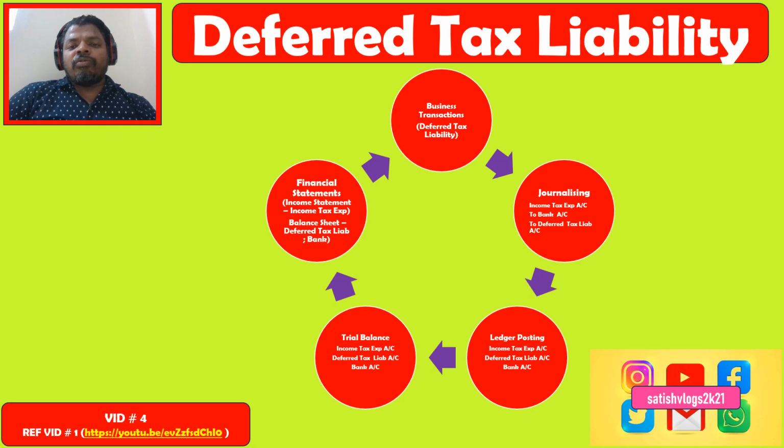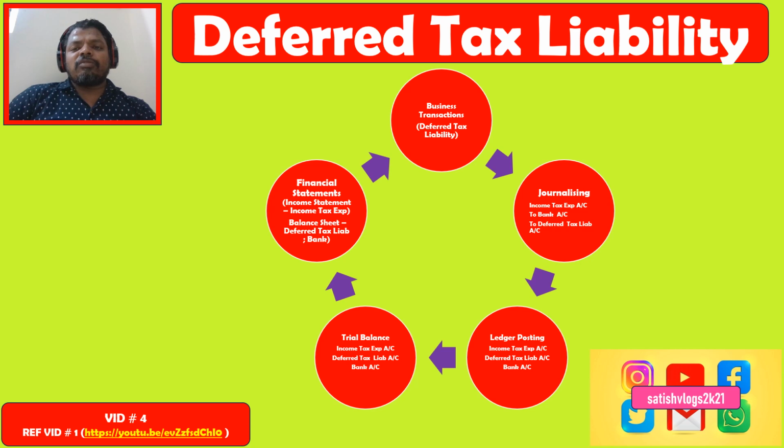Because even though that amount is not going to be paid now to the tax authorities, that would get paid during the course of the business over the time. However, as the income has been computed on an accrual concept, so whatever the income which has been generated or the depreciation expense which has been computed, on those lines the income has been computed and the tax has been computed accordingly.